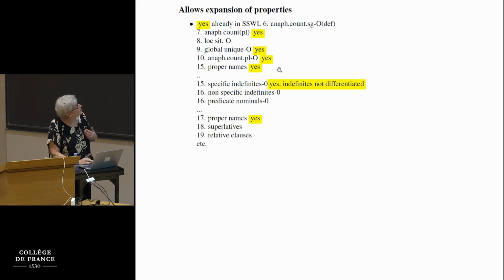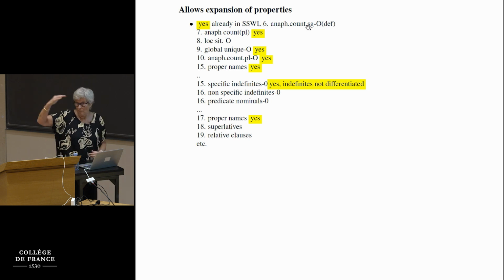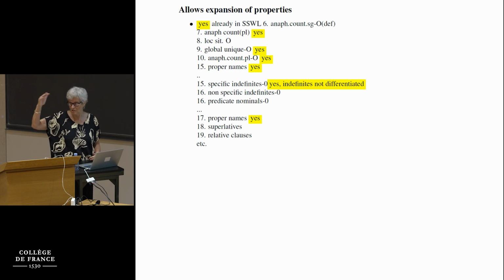And so this difference between different types of uniques, whether it's anaphoric or not, or locational, or whether it refers to a person, languages seem to be sensitive to that distinction. So there's a finer distinction that goes on here.